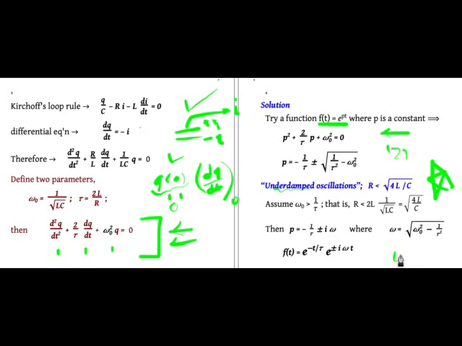So I here doesn't mean current. Don't confuse this I with the letter I was using for current. This I is the square root of minus 1. Sometimes engineers call the square root of minus 1 J. But usually mathematicians and physicists call the square root of minus 1 I.